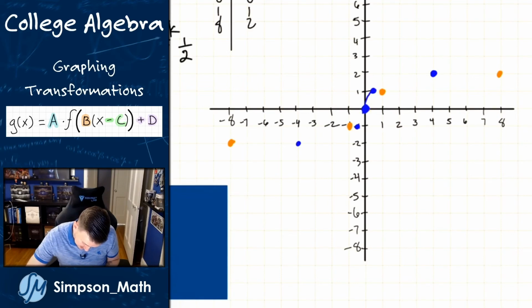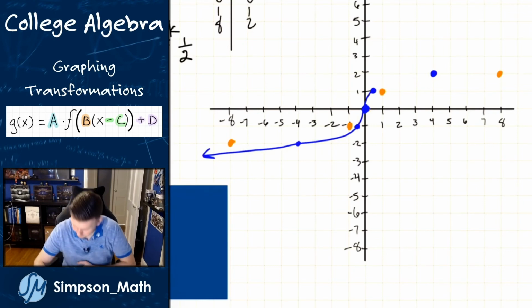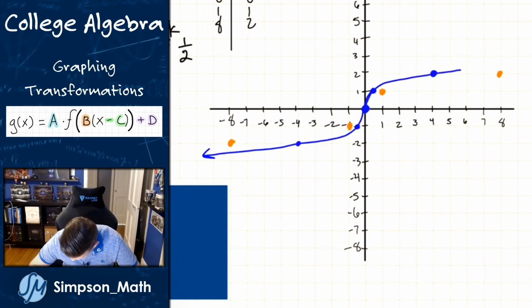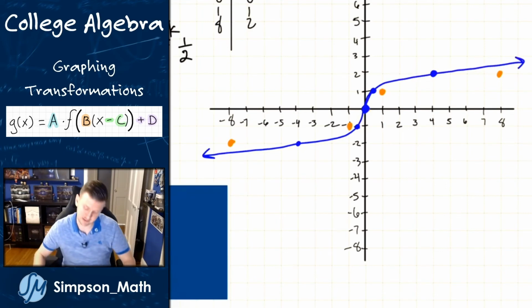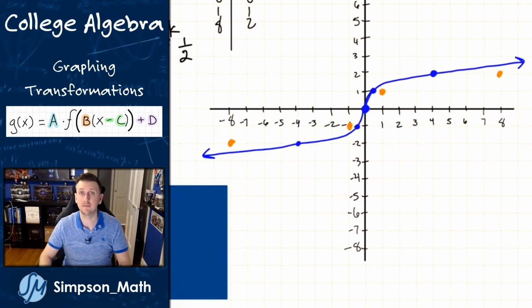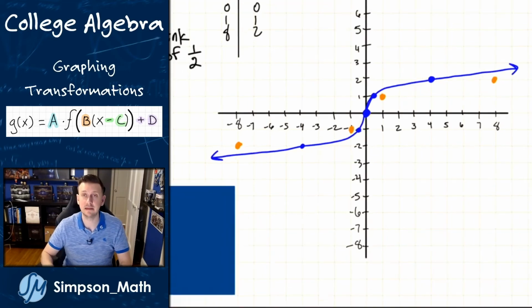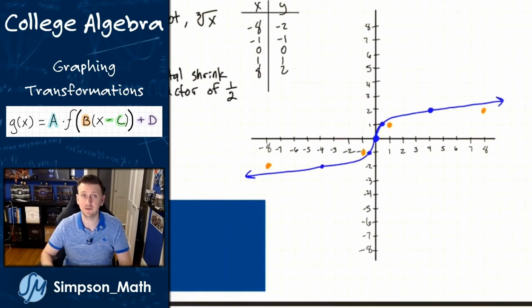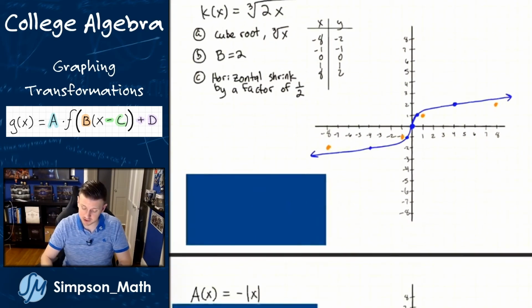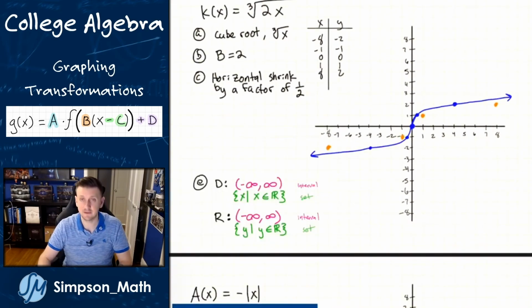A little bit of an S kind of curve there. There we go. That's better. All right. So there is our cube root function that's been squeezed in by a half. And nothing's changed about our domain and range. Negative infinity to infinity, all real numbers, for both the domain and the range.